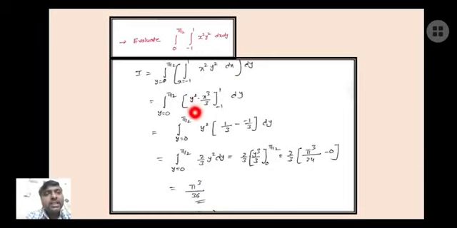By replacing the limits, y square is treated as constant function, y square into, upper limit is 1, that is 1 by 3, minus lower limit is minus 1, that is minus 1 by 3, into dy. By simplifying this particular term, I am getting 2 by 3 into y square dy.